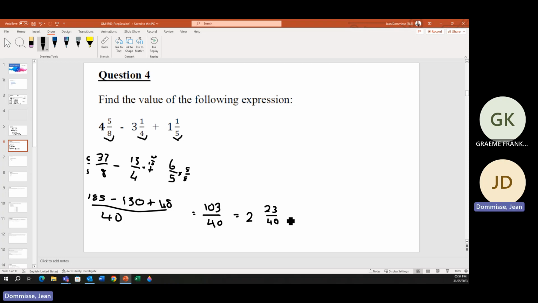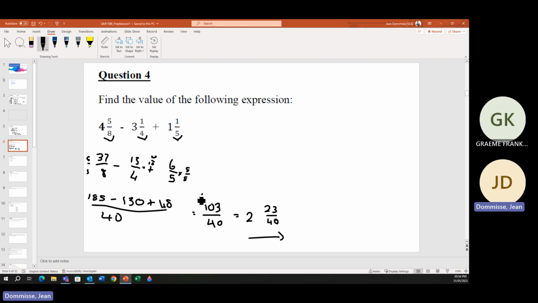And I think 23 is a prime number as well, so we can't really do anything with that. So then your final answer will stay at 2 and 23 over 40.